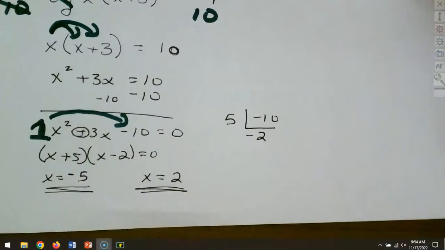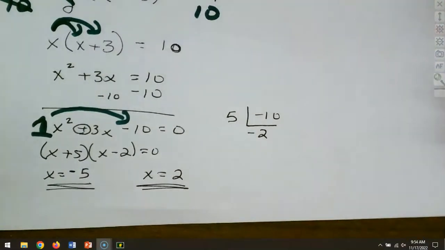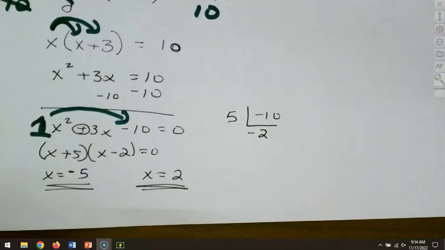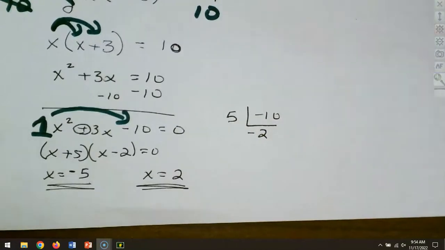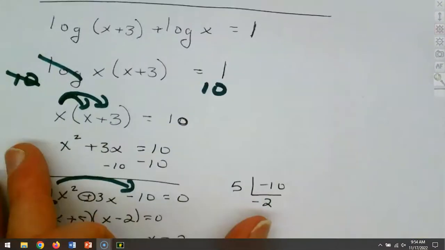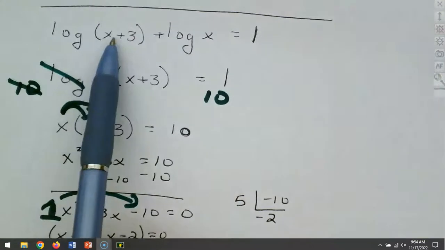Is everyone all right with that so far? Now, one of these may or may not work. We have to check and make sure that when we plug it into the logarithm, you're not taking the logarithm of a negative number, because you cannot do that. Negative numbers inside the logarithm do not exist. If we go back up and look at our original, it's x plus 3 here.